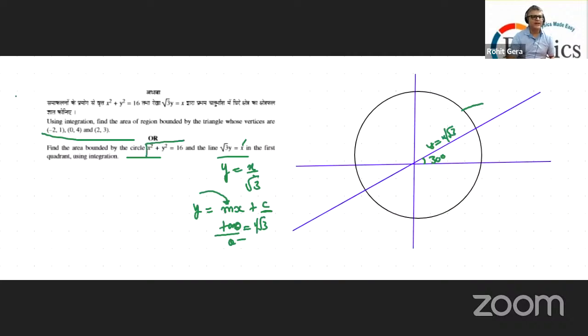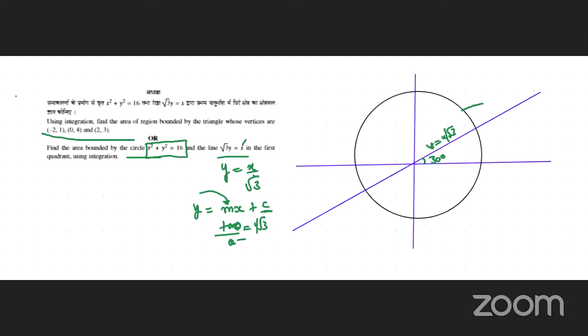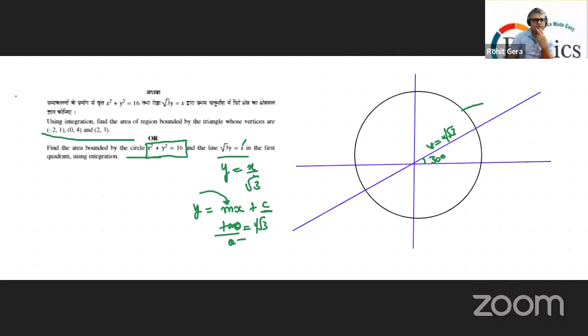We have to find the area which is bounded by the circle and the line in the first quadrant. So my dilemma is always this. To me, the answer is straight that they are referring to this area because this is bounded by the line and the circle.